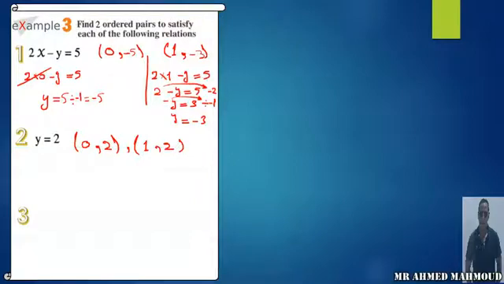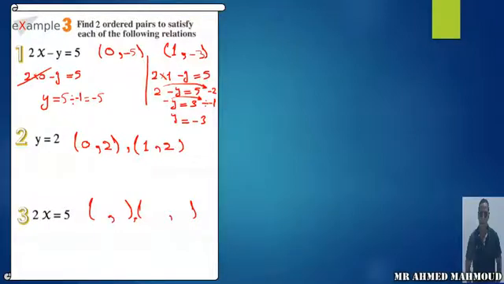Another one, if we have 2x equals 5, this relation is also a constant relation. The relation doesn't include y. Here I will write two ordered pairs.